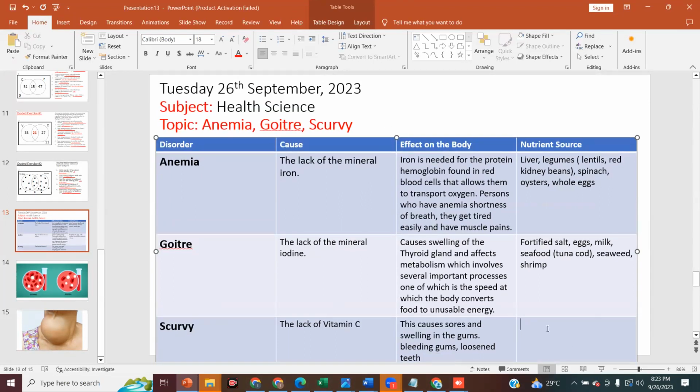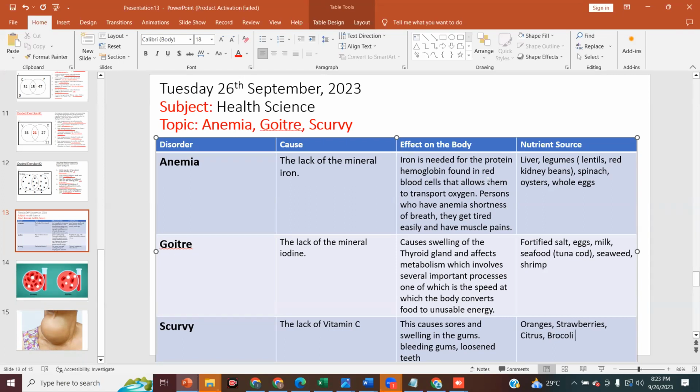So what can help to give you vitamin C? Oranges. Orange juice can help. What else? Strawberries. Anything citrus. Grapefruit. Blueberry. I'm allergic to anything citrus. Well, that means you have to get it from broccoli.